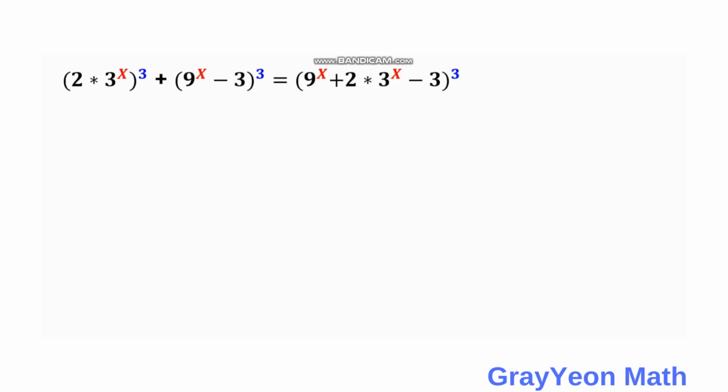It looks so complicated, having many exponents and many operations, but actually you can see a pattern in this equation.